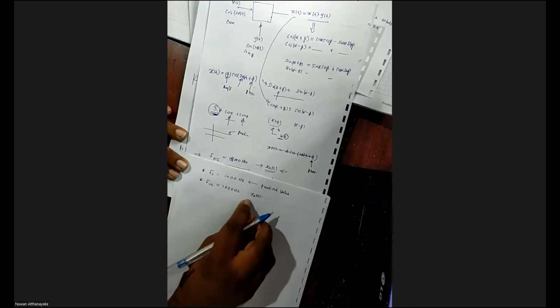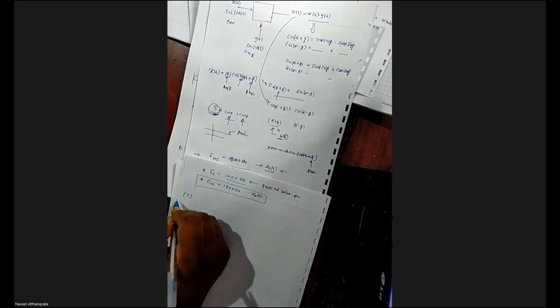Next we have calculated the Nyquist sampling rate. For sampling that x_a(t) signal, we need 1800 hertz at least to avoid aliasing. But with this system, we can't achieve this one. We can only achieve this. So part C is asking to sample the signal with this sampling frequency.